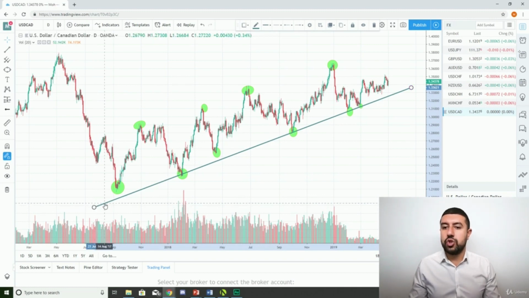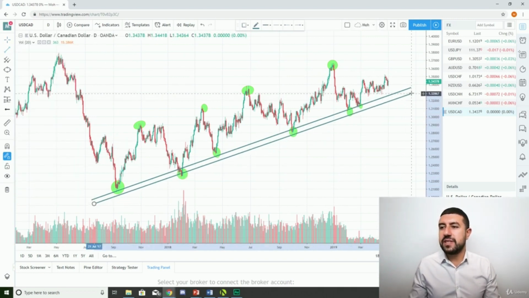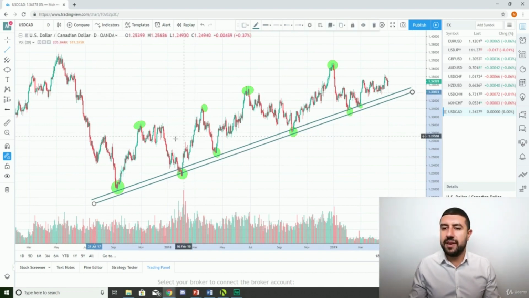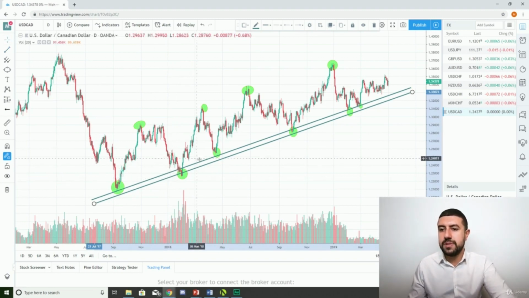Some people like drawing two lines. So they'll take one line here and another line, and do like a range, because usually it's a range, right? It's not a perfect science. They'll say, this is the support level, and they'll have two lines. But for simplicity's purpose, let's just draw one trend line, okay? And leave it at that.